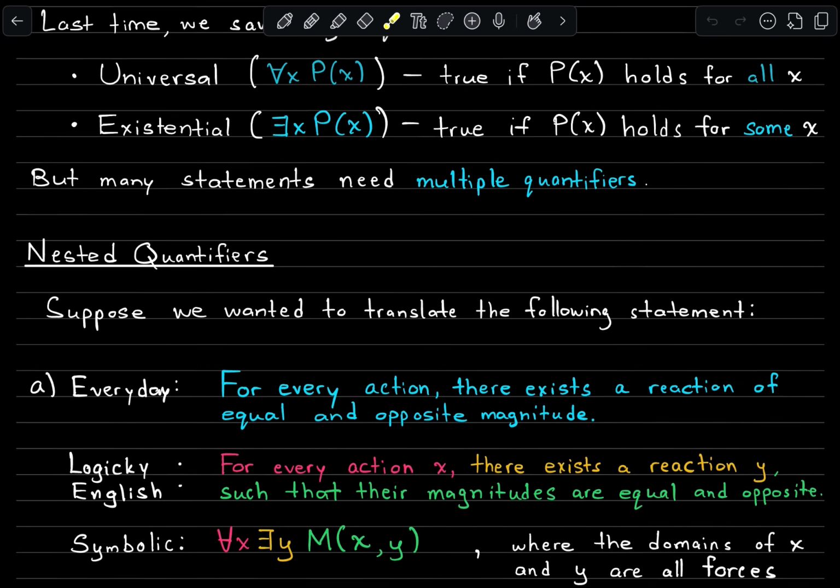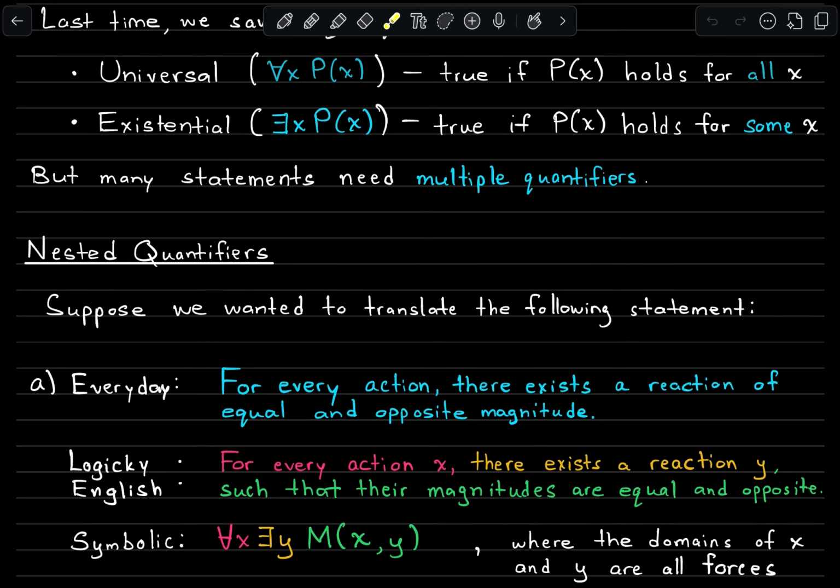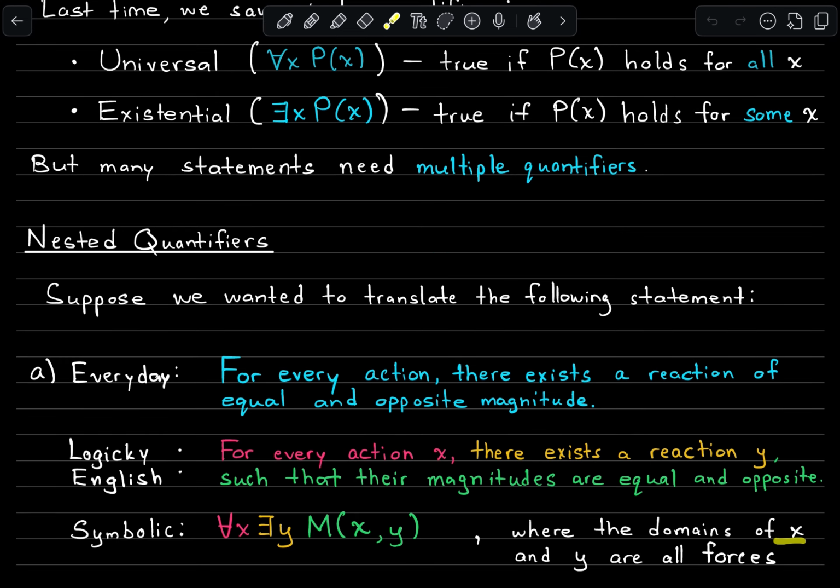And we're going to translate this like so. So we're going to use the universal quantifier for every action x, for all x. We're going to use the existential quantifier for there exists a reaction y. And we can put this property, their magnitudes are opposite and equal, as some propositional function m of x and y. Okay? Where the domains of x and y are defined as all forces.